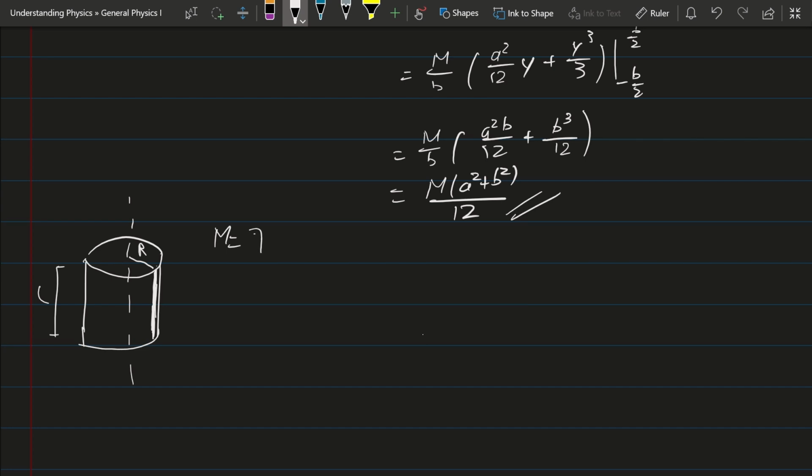So we will do this in a linear density, multiplied by the circumference, which is 2 pi r.